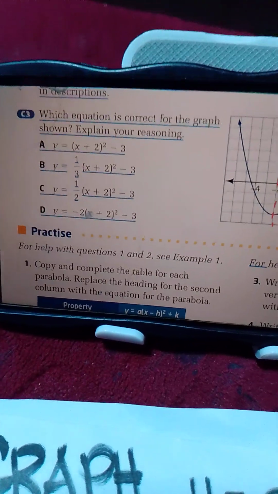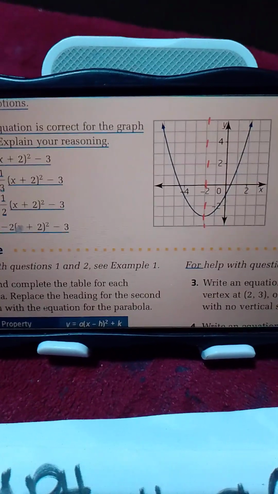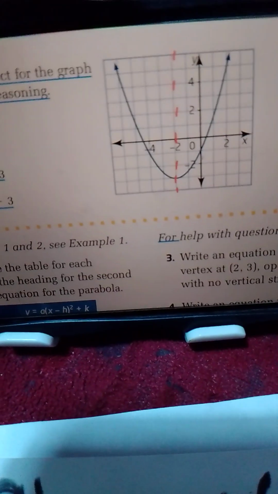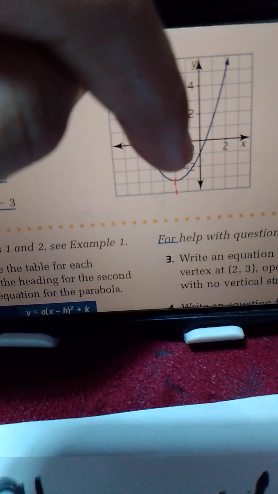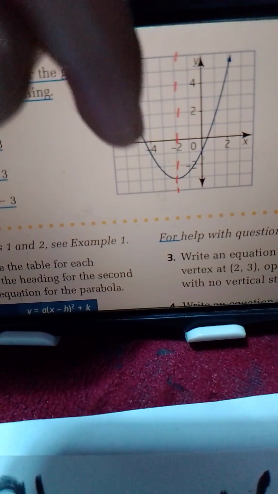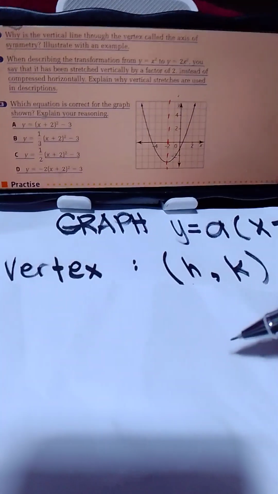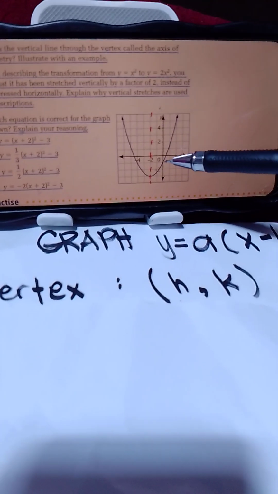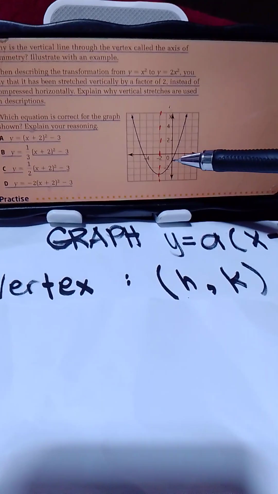So in order to find the correct equation, we are going to get a point where our parabola passes. So we have here the point (-1, 0).